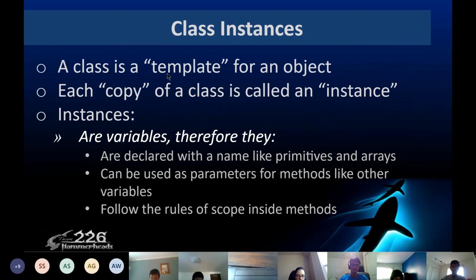A class is like a cookie cutter because it's a template, and each cookie you make with the cookie cutter is called an instance. Instances are variables, so they are declared with a name like primitives and arrays. They follow the same conventions as variable naming. They can be used as parameters for methods like other variables, and they follow the same rules of variable scope we discussed yesterday inside methods.